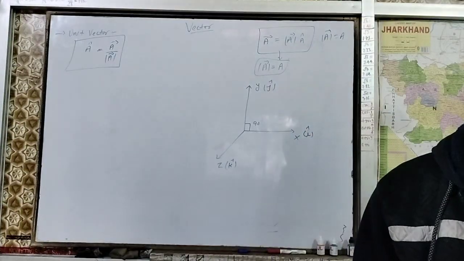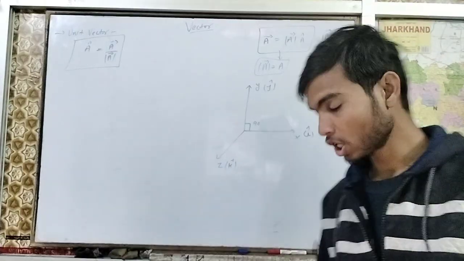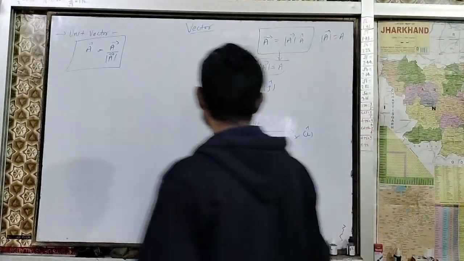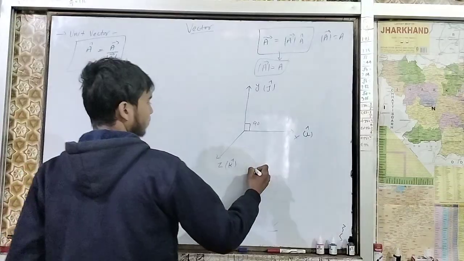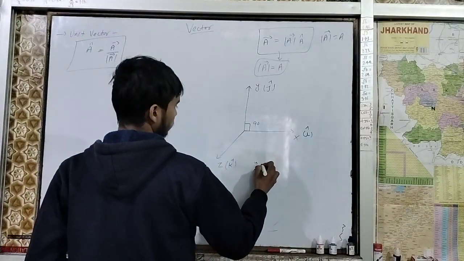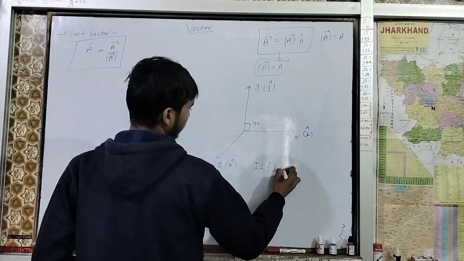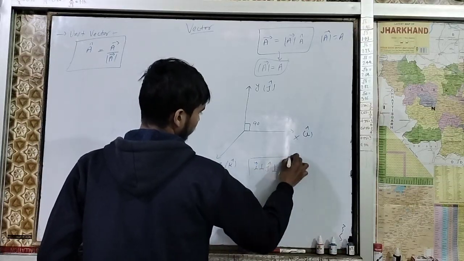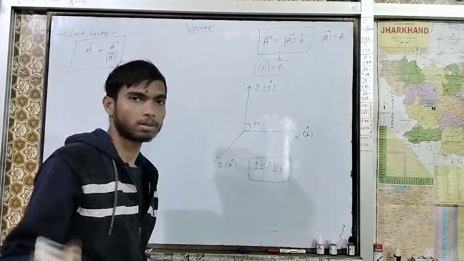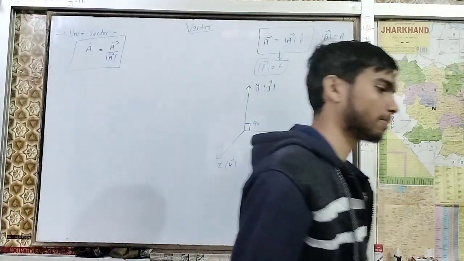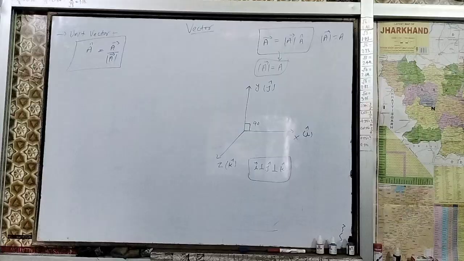Remember, i is perpendicular to j cap. j is also perpendicular to k cap. Perpendicular means the angle between them is 90 degrees. This is the meaning of perpendicular.